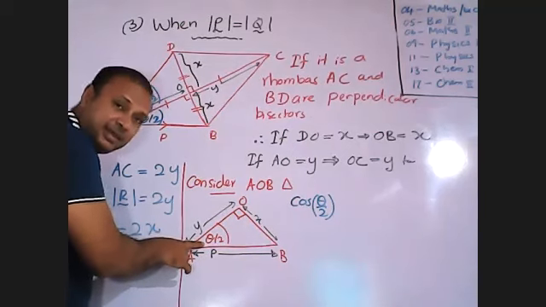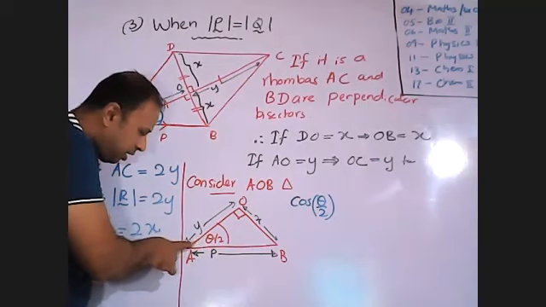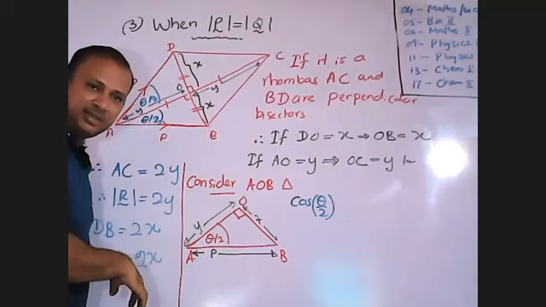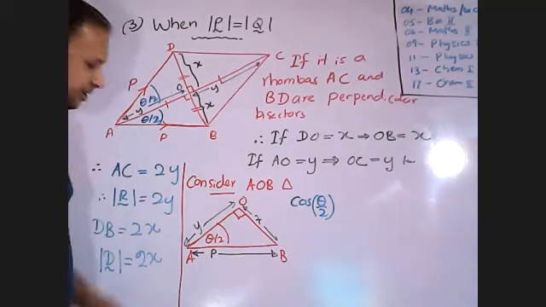So if I want to take the cos value, it is equal to the adjacent side over the hypotenuse. What is the hypotenuse here?